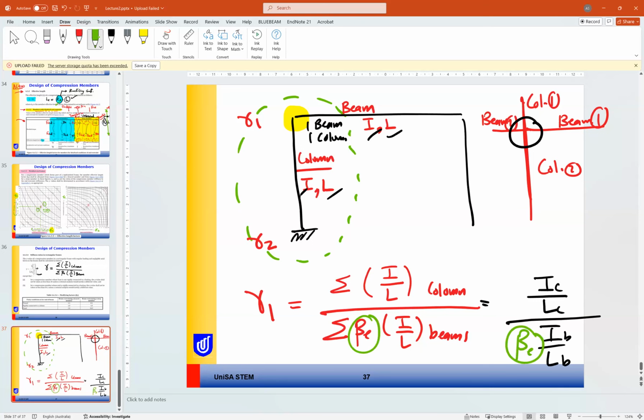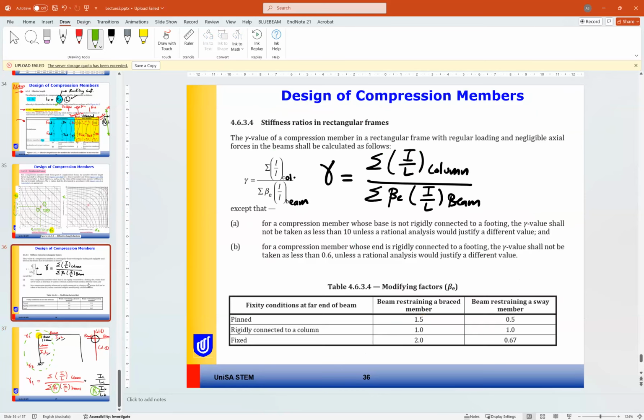What is beta E? Beta E is a modification factor that we can find from table 4.6.3.4. If we know beta E, we can find gamma.